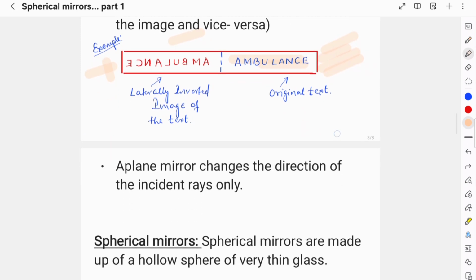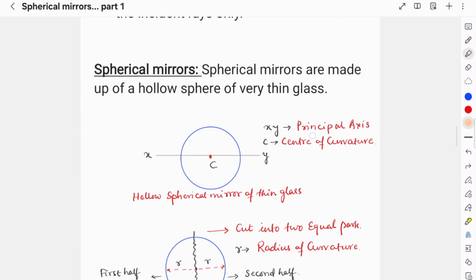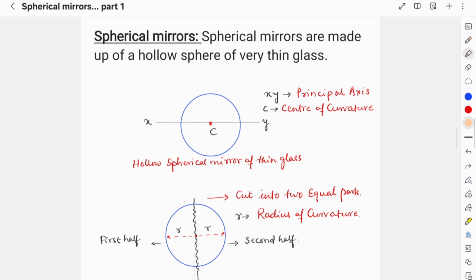Now let's see what are spherical mirrors. Spherical mirrors are made from a hollow sphere made up of very thin glass. You can see in this diagram, this is a hollow spherical mirror made up of very thin glass. Now this is the whole sphere.